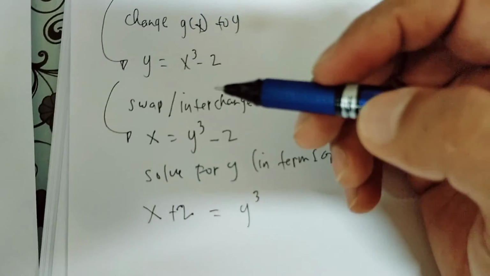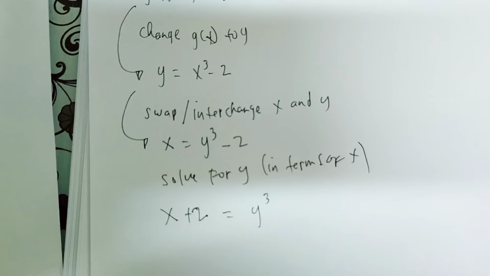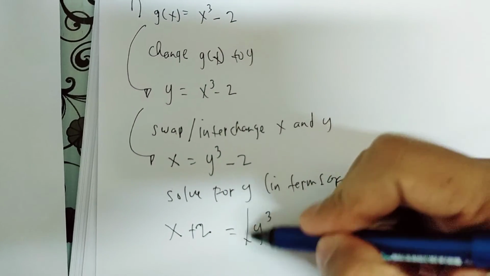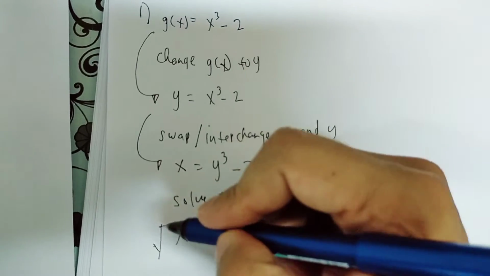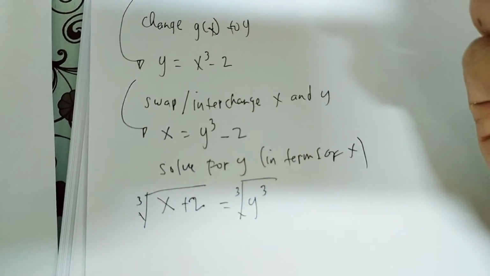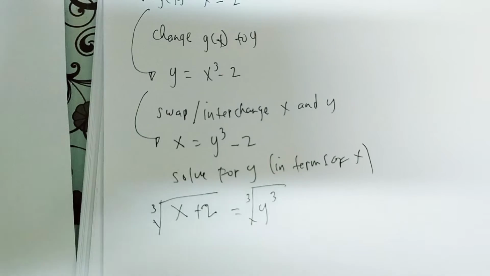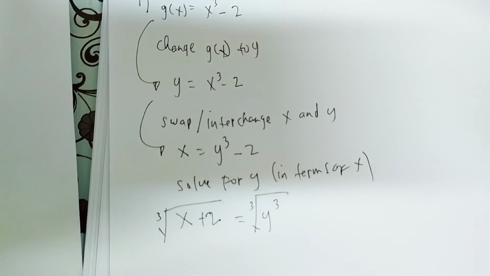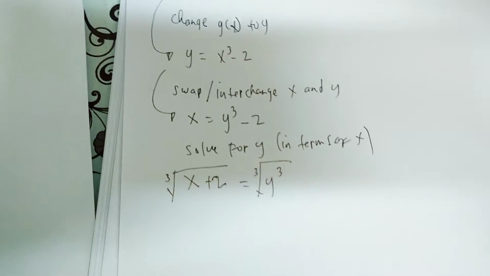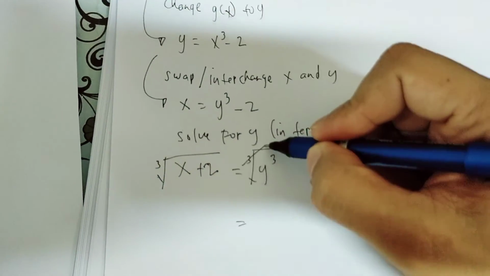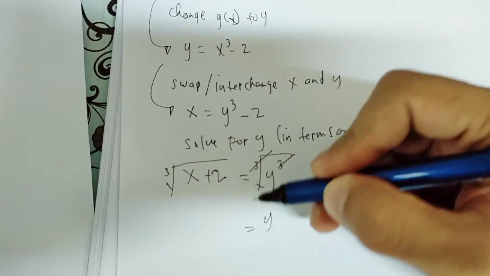So, the value of y cubed, we are looking for the value of y. So, let us have cube root of y cubed and cube root of x plus 2, kumbaga parang square both sides. Pero ito ay cube root. Okay, so cancel cube, matitira y.